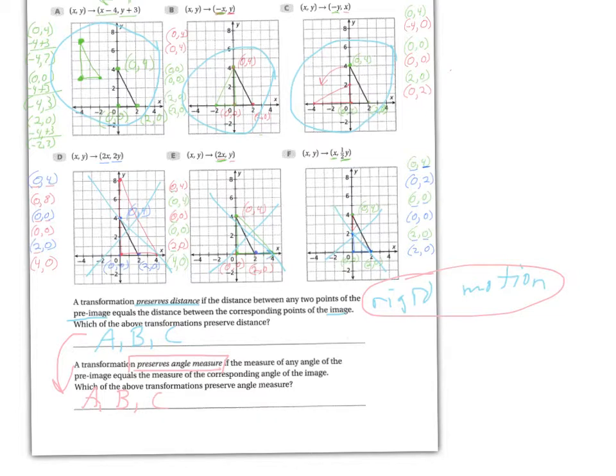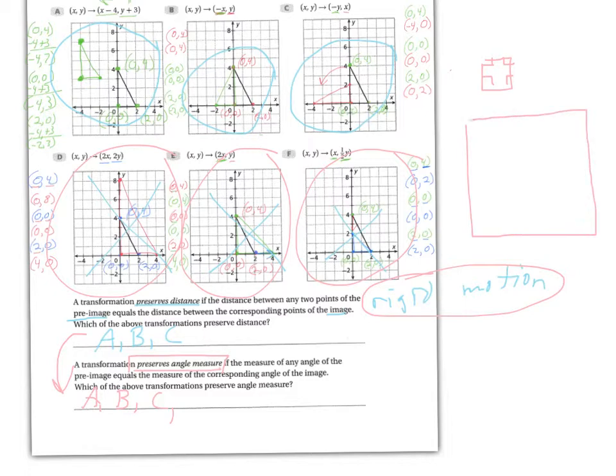Now I'll give you this hint as far as if D, E, or F would work for that. If I had a small square, all the angles would be 90 degrees, wouldn't they? But if I made a big square, does that change the angle measure? No, they're still 90 degrees.